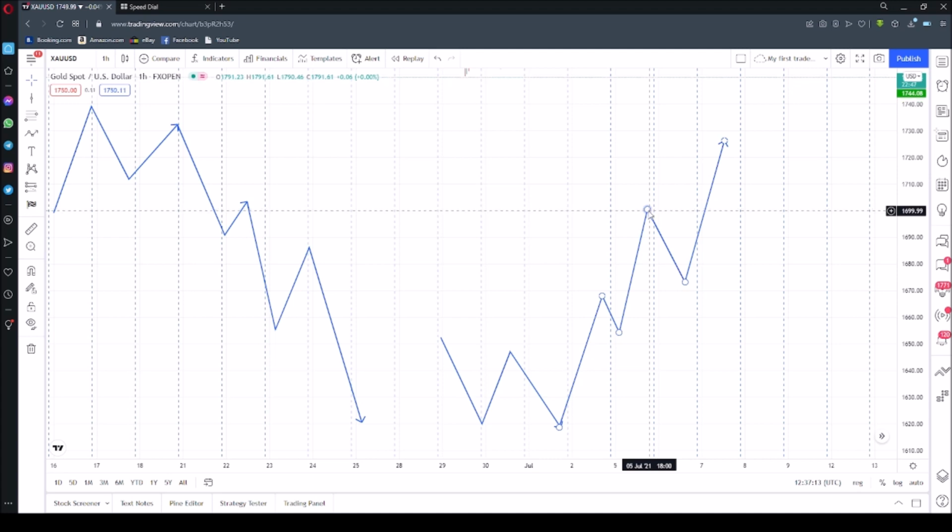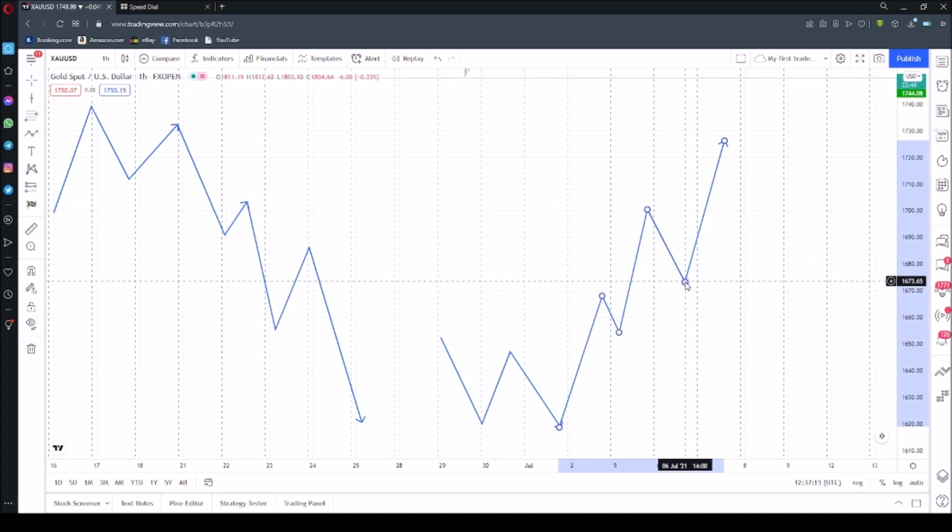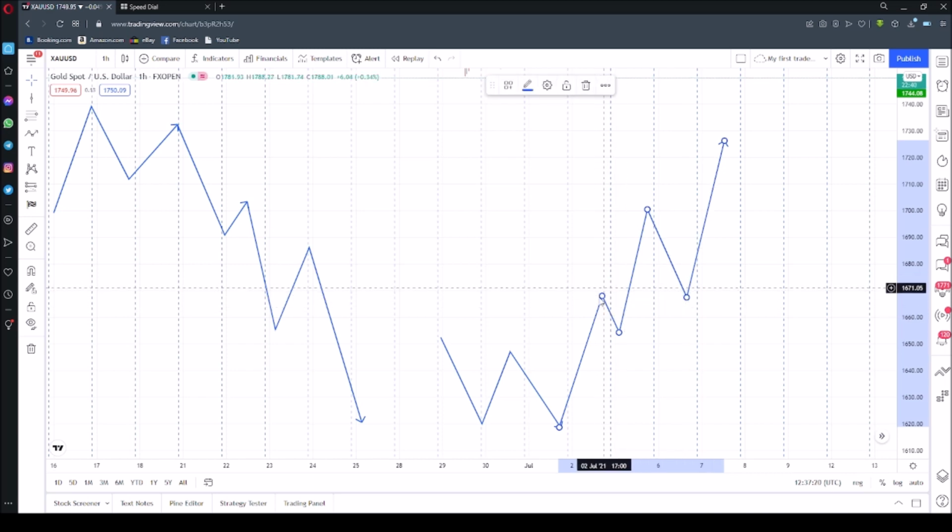Our perceived point of entry is this retest of the new higher high. That's basically the same as what we've just been saying.